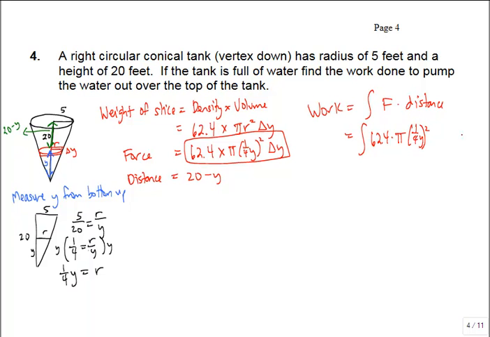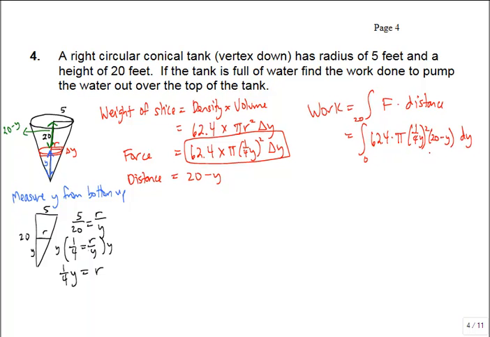The delta y becomes my dy, and the distance that this slice moves is this 20 minus y, and I'm going to use that in parentheses. And how does this y vary? Well, at the very bottom, the height y would be 0, and if I take y all the way up to the top, that would be a height of 20. So my bounds should be from 0 to 20.